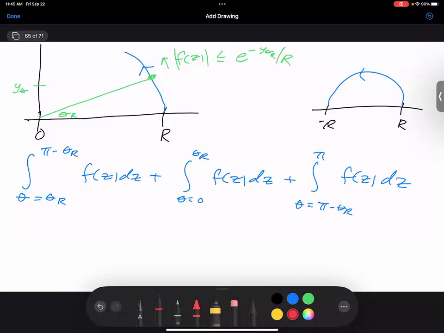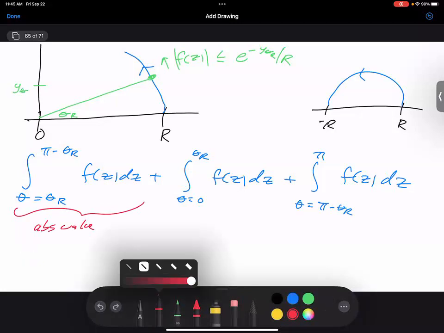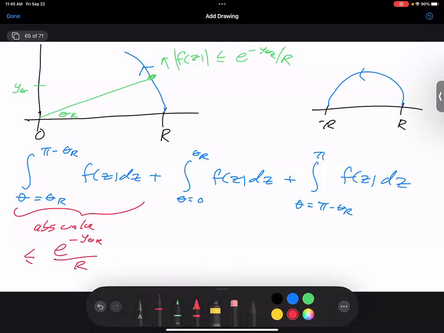On this piece, in absolute value, it's going to be less than or equal to e to the minus y theta sub r over r. And how long is my arc? R times theta.